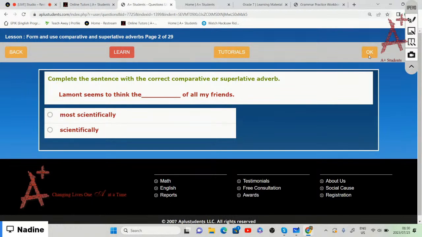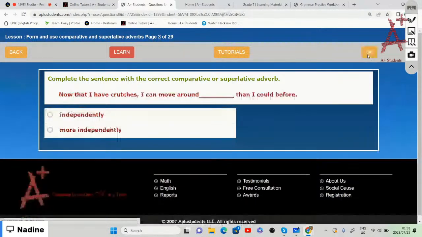In this case, seeing that scientifically has more than one syllable, and it is also being compared to a larger group, we are going to say most scientifically. Because it is being compared to a larger group, and it has more than one syllable, we choose most, and that is superlative.